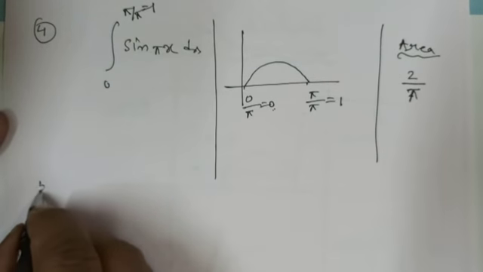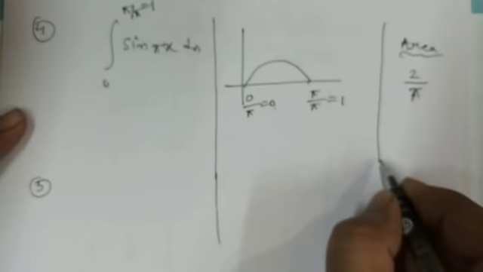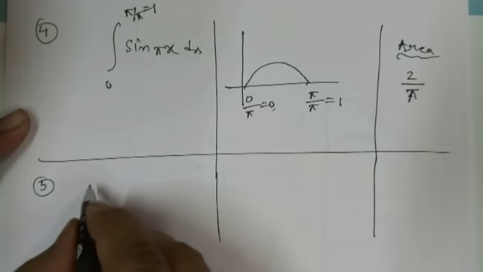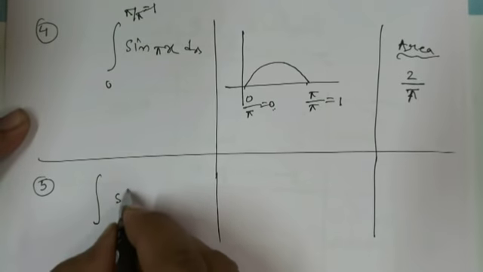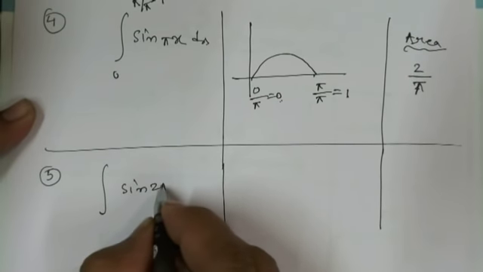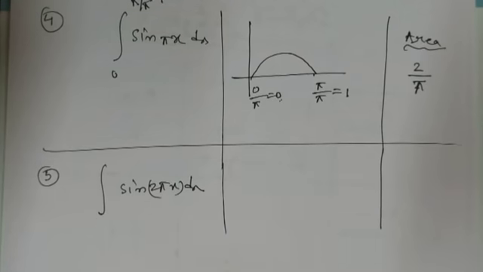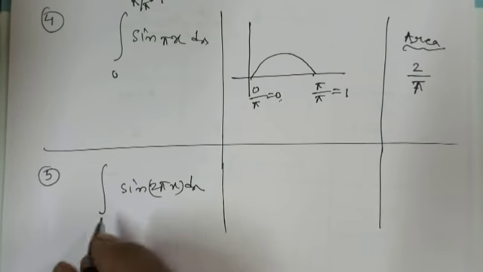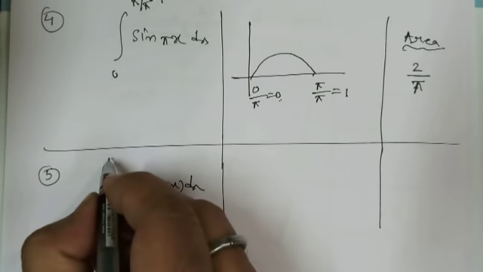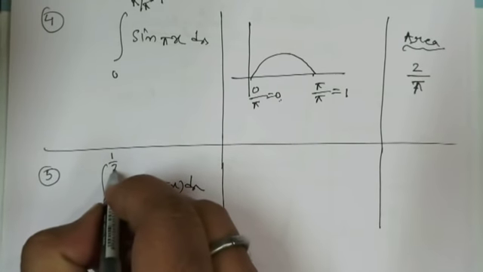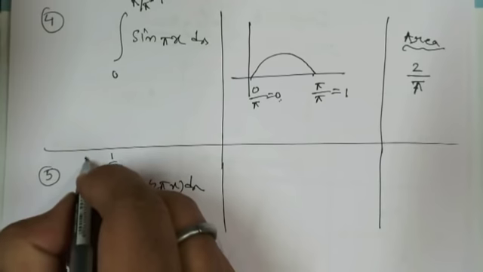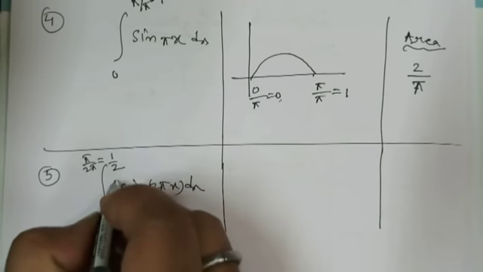And 5, integral sin 2 pi x dx. When 2 pi is multiplied, the lower limit is 0, and the upper limit is pi upon 2 pi, that is half, because pi upon 2 pi means half.